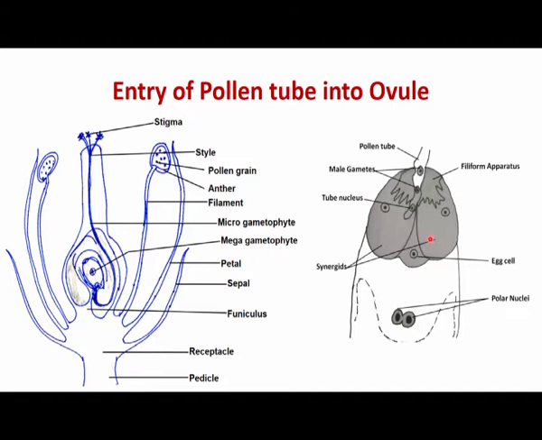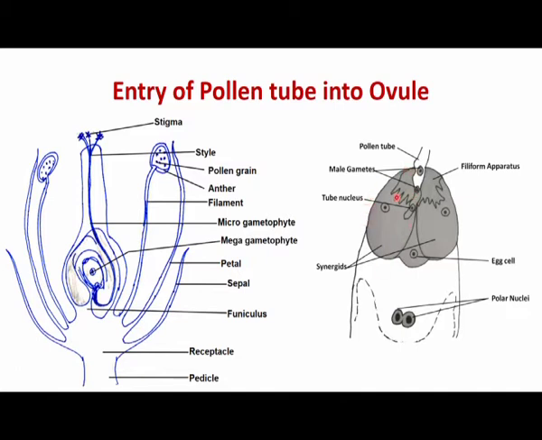As soon as the pollen tube enters into the ovule, the synergids secrete chemicals which act as a chemoattractant for the incoming pollen tubes, and the tip of the pollen tube inserts into one of the synergids.